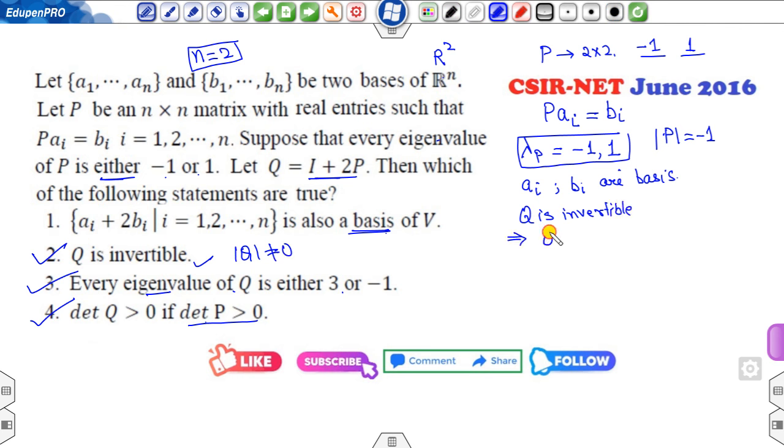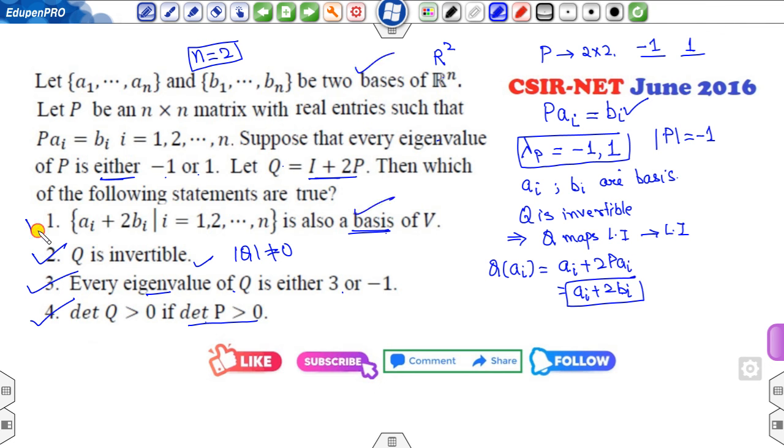What does it mean? Q maps a linearly independent set to a linearly independent set. So what is Q of Ai? It's Ai plus twice of this, but P of Ai is Bi. So yes, these Ai's and Bi's are the basis. So this is also a basis. All are correct answers of this problem.